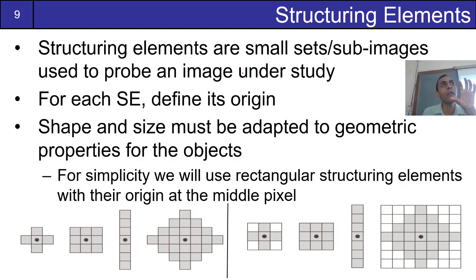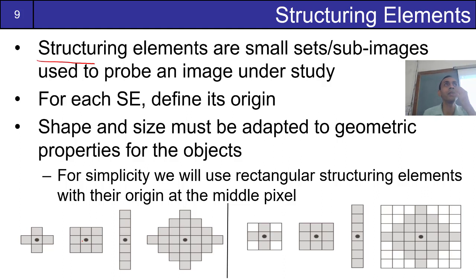Similarly, here also we will be defining an appropriate structuring element, which is again a kernel or a filter kind of thing, a small set or small sub image. And again, we'll basically be doing the same operations. Now, why is it called a structuring element? Because depending on the size and the shape of this set, you will get a different result.